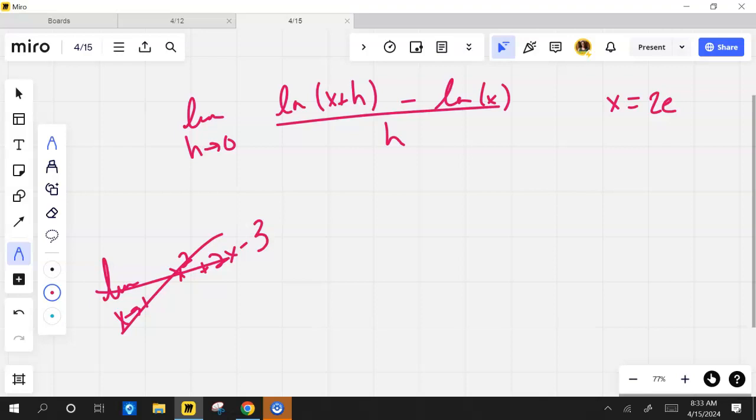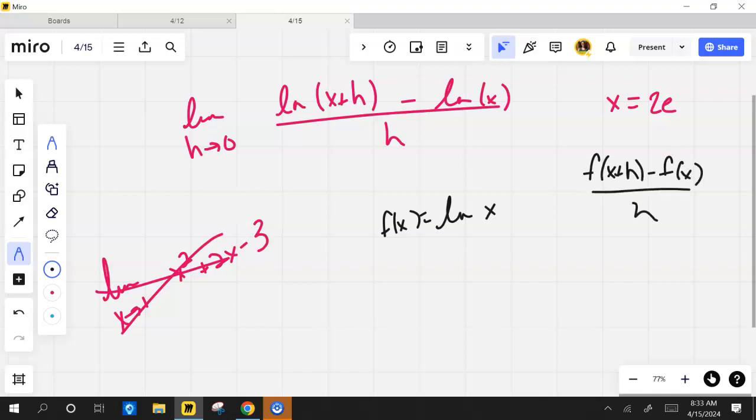Well, we do the derivative and then we plug it in. So, like here, we identify the function as being log of x. Does everybody see that? Because it's f of x plus h minus f of x over h. What this does is find the derivative for us, right?